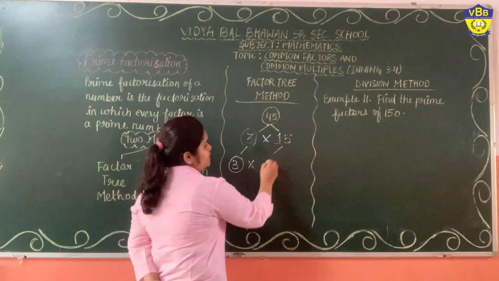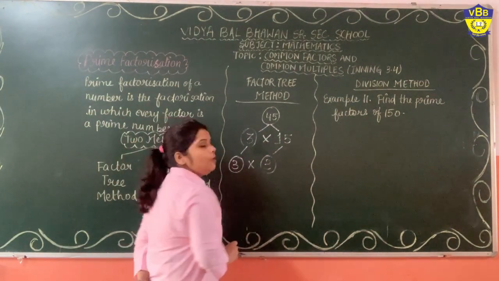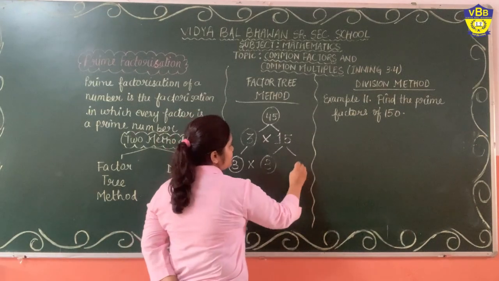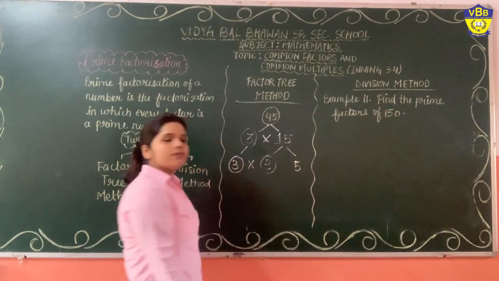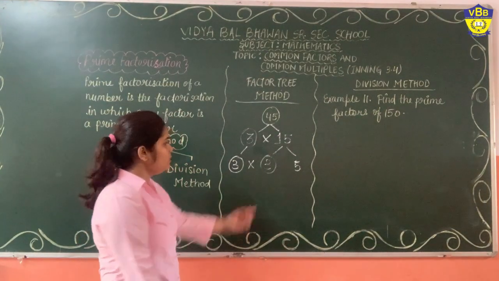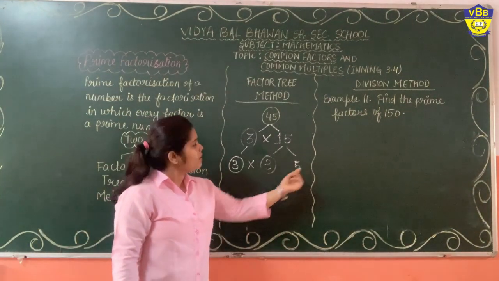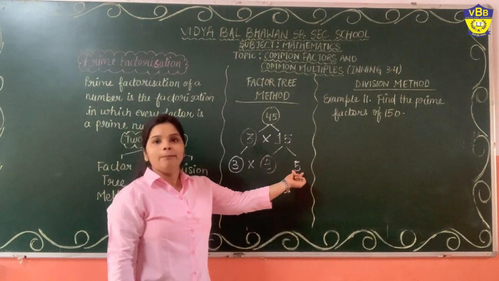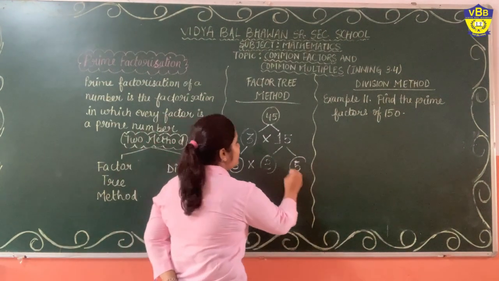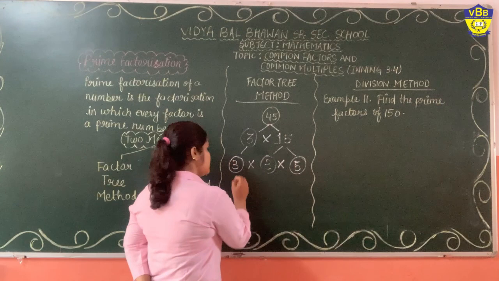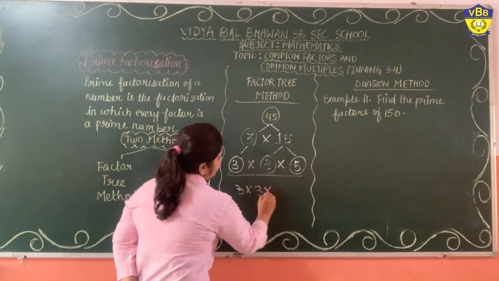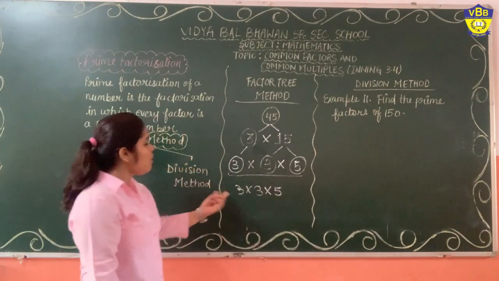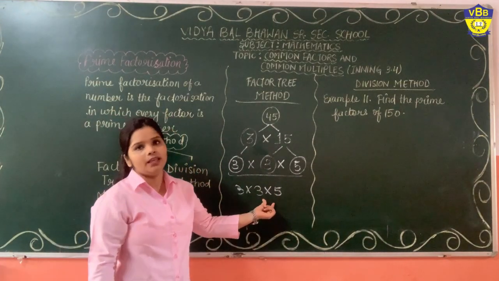Yes, 15 is divisible by 3. In how many times is it divisible by 3? In 5 times. Now 3 is a prime number and 5 is also a prime number. So when we write this as 3 multiplied by 3 multiplied by 5, we can see all the numbers are prime.